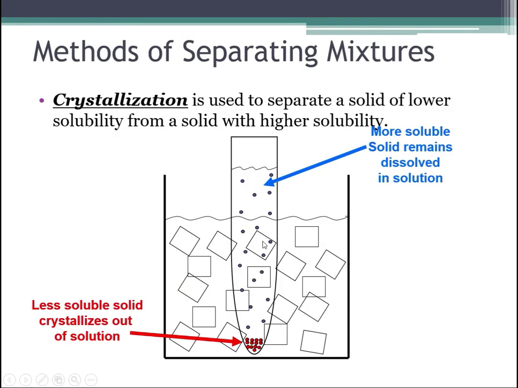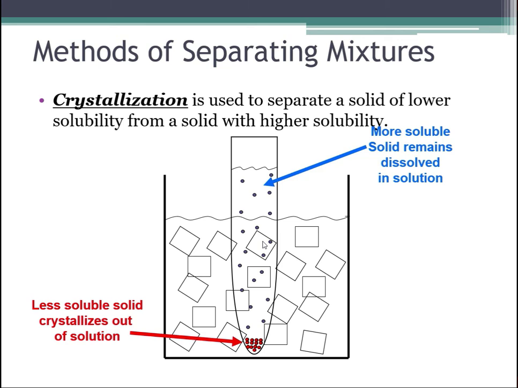Next example is crystallization. It's kind of a backwards evaporation. If you know that materials have different solubilities based on their temperature, for instance, salt has a very high solubility even in very cold water, whereas a compound like aspirin has a very low solubility in cold water.